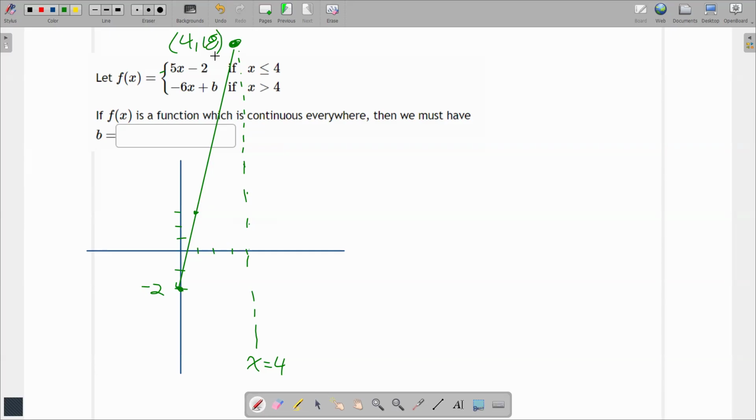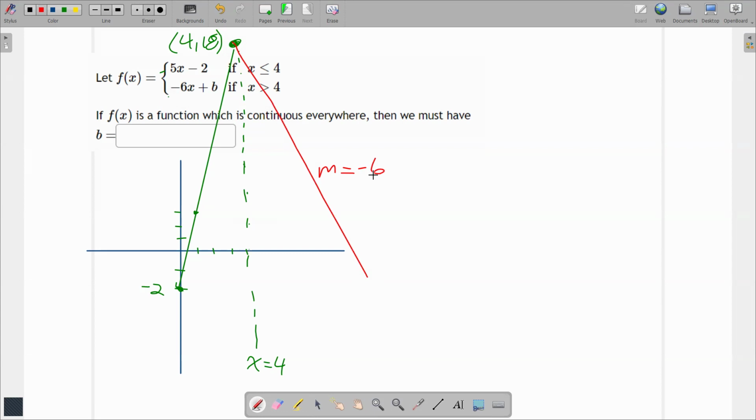Now the right half, I know what it means to have a slope of -6, but I don't have a b to start at. But if I want this to be continuous, don't I want to basically go -6 from there? Like that? And I just have to make sure m equals -6. That's what I want to happen to be continuous. Agreed? Okay.